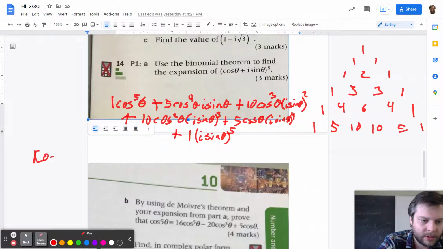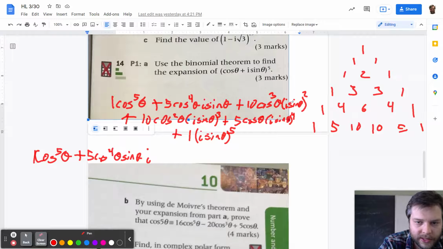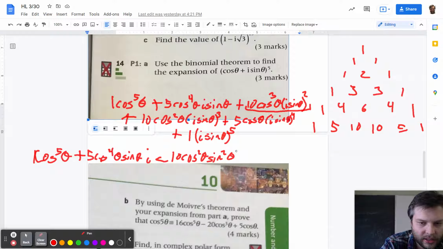So we have cosine to the fifth plus 5 cosine to the fourth sine theta. Maybe let's stick the i on the end. And then this next one here, where cosine is to the third, this one here has an i squared, which becomes -1. So we go minus 10 cosine squared theta sine squared theta.